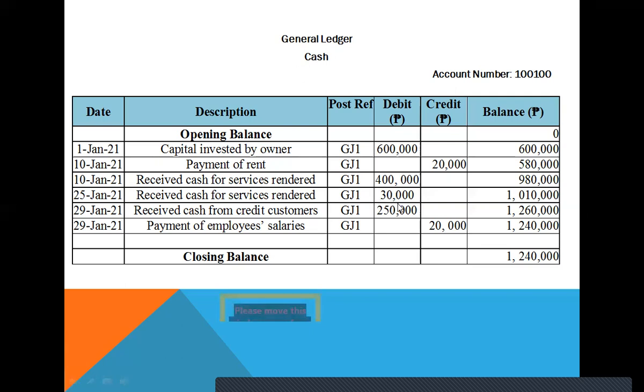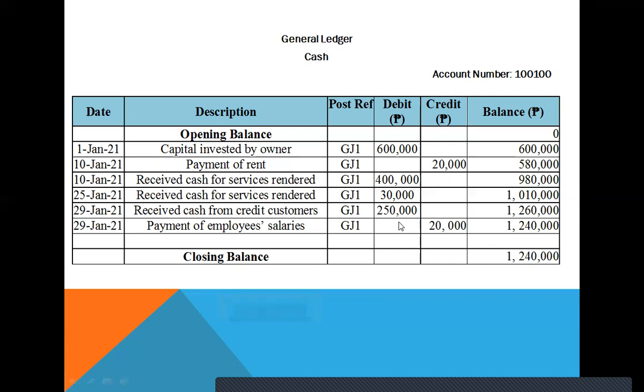If you can remember, only 30,000 pesos was received because the remaining will be paid after 15 days. So 30,000 pesos plus 980,000 pesos is equal to 1,010,000 pesos.